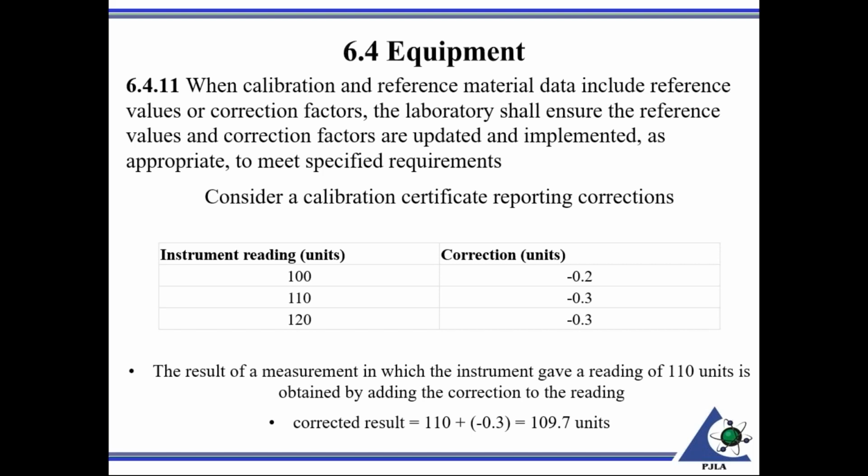Correction factors, 6.4.11. So when the calibration and reference material data include reference values or correction factors, the laboratory shall ensure the reference values and correction factors are updated and implemented as appropriate to meet specified requirements. So what we're referring to here is, again, calibration. You could send an instrument out for calibration.